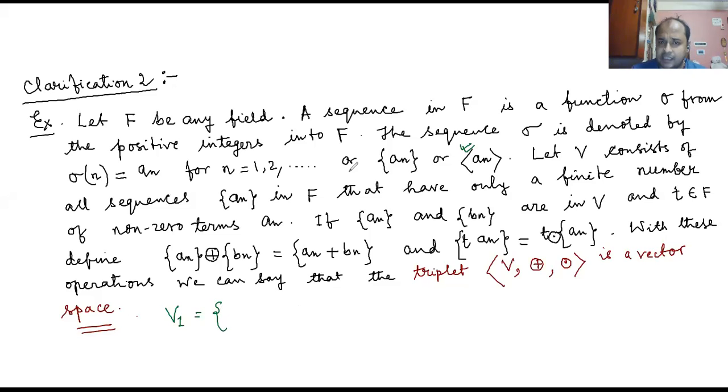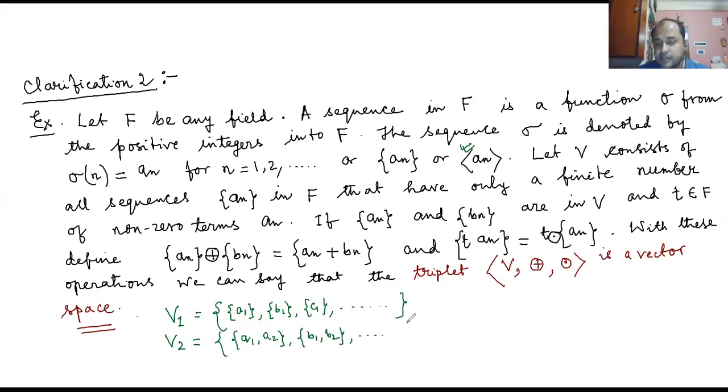Or you can write this bracket, no problem. So your V1 can contain elements like A1, B1, C1, all singleton-set-like things, and here you can apply these operations. We can also consider a set V2 like A1, A2, or B1, B2, or C1, C2. Here also we can define these operations.